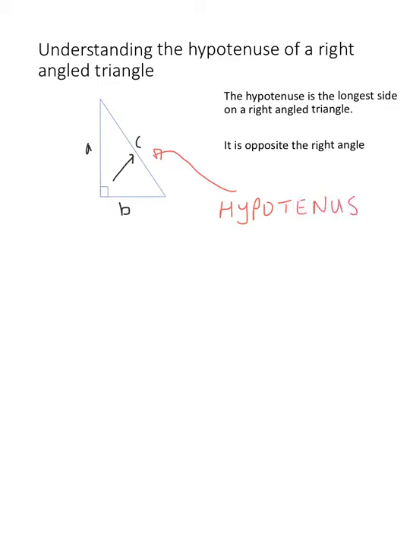The hypotenuse is the longest side of a right-angled triangle, and it's the side opposite the right angle.